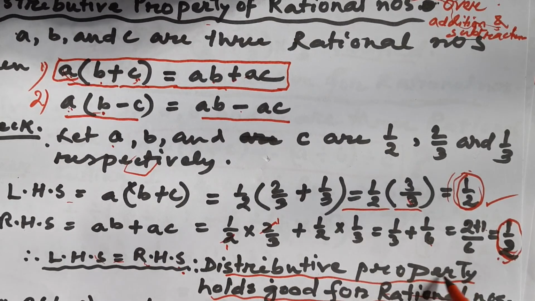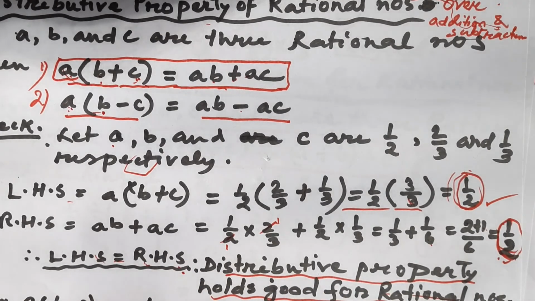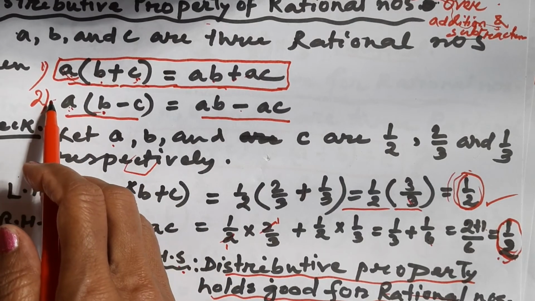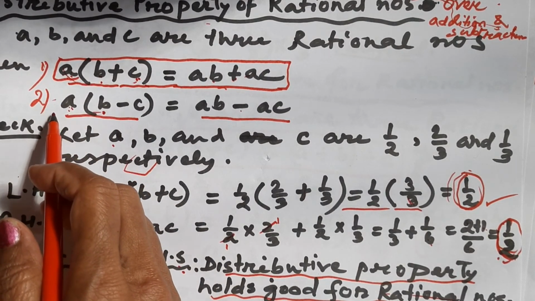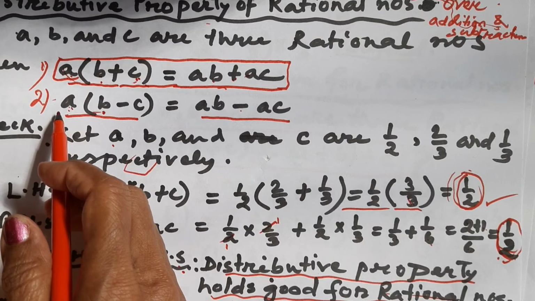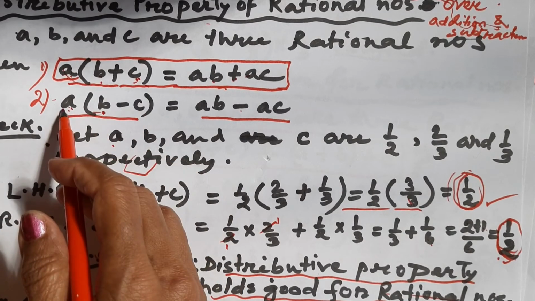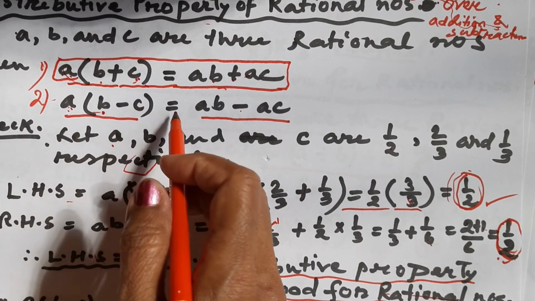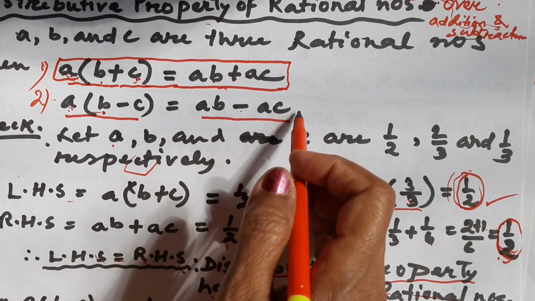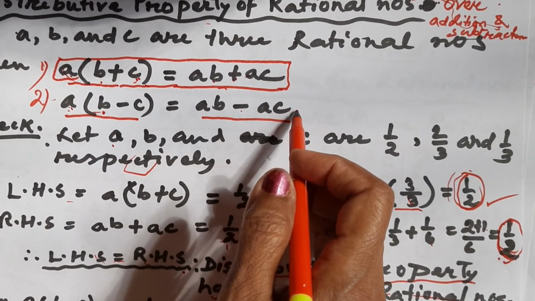Therefore, distributive property holds good for rational numbers over addition. Again, we have to check distributive property holds good for subtraction or not. A into B minus C equal to AB minus AC or not, we have to prove.